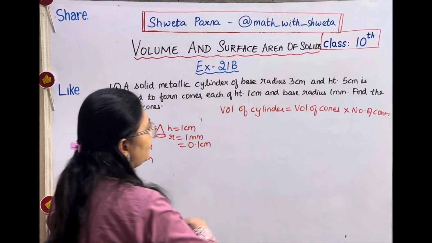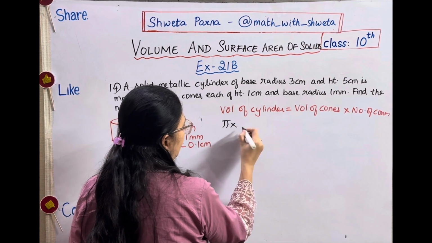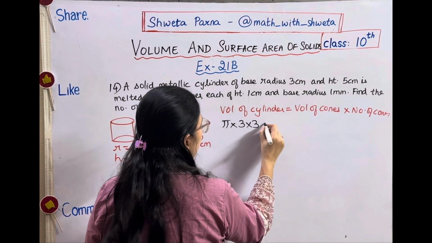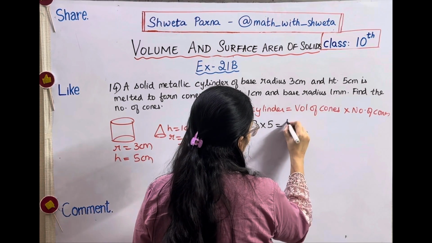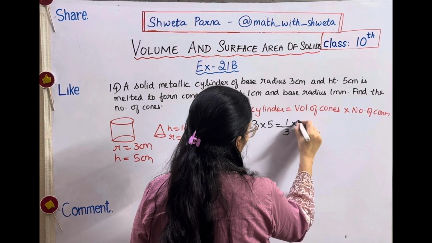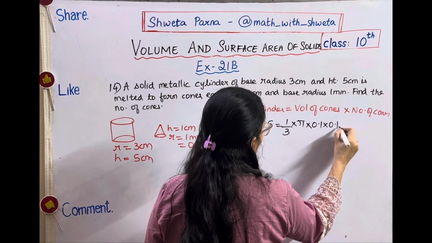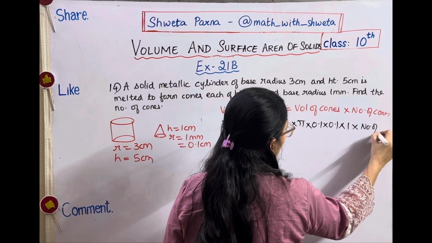So let's do this. What is the formula to find the volume of cylinder? It is pi r square h. R is 3 into 3 and h is 5, is equal to, what is the volume of cone? It is 1 by 3 into pi into r, which is 0.1 into 0.1, into h, which is 1, into number of cones.